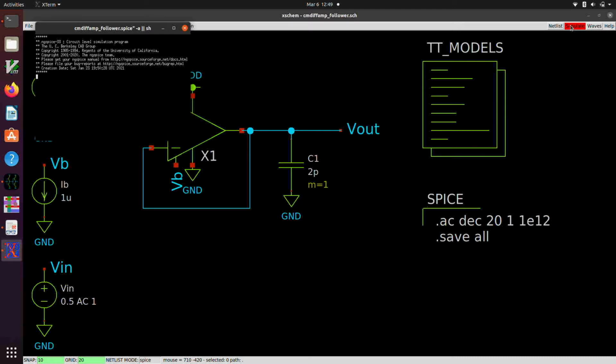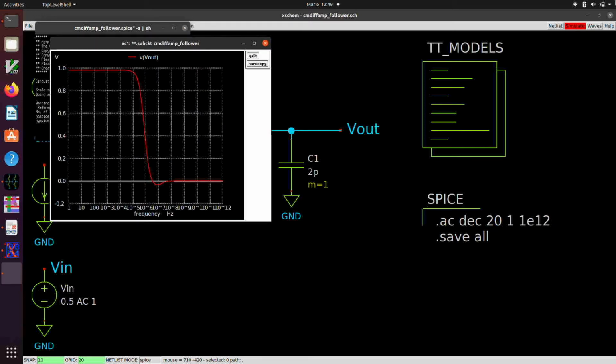Again, all this time is presumably parsing the model files, and that's how long it took to do the actual simulation. So now, if we like, we could plot V of V out and see what we get.